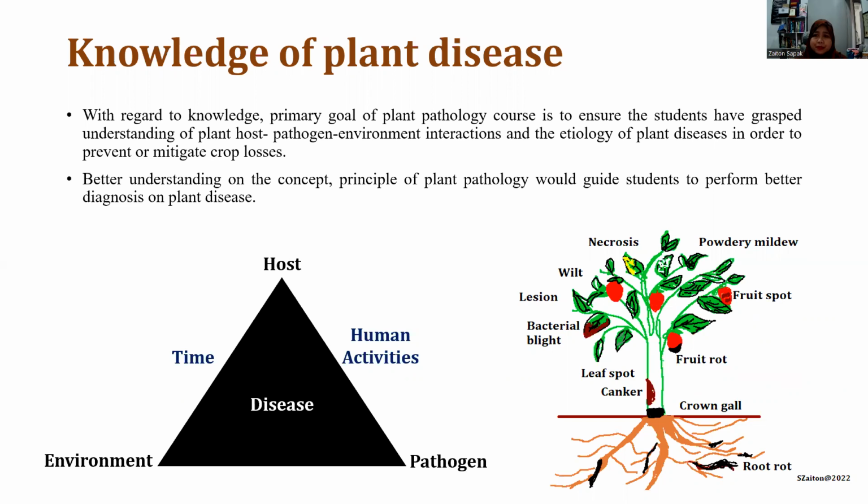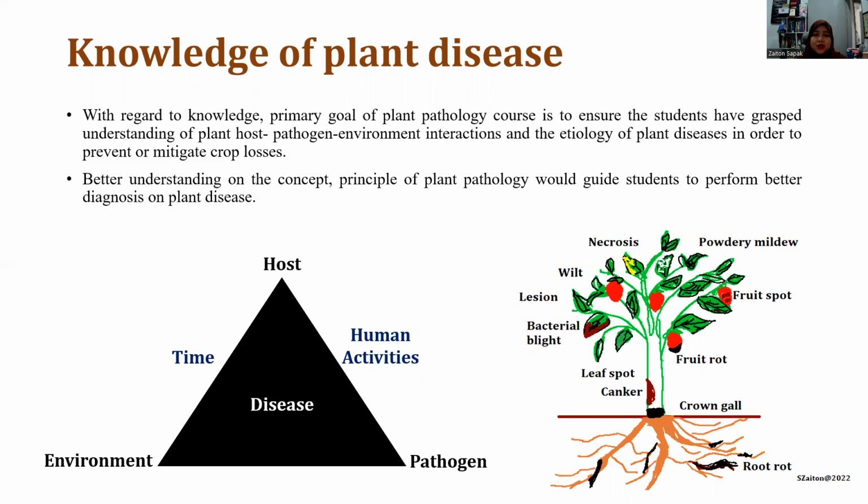Based on this understanding, the students can think critically about how to solve problems and how to prevent disease. Better understanding of the concepts and principles will guide students to perform better diagnosis of plant disease.